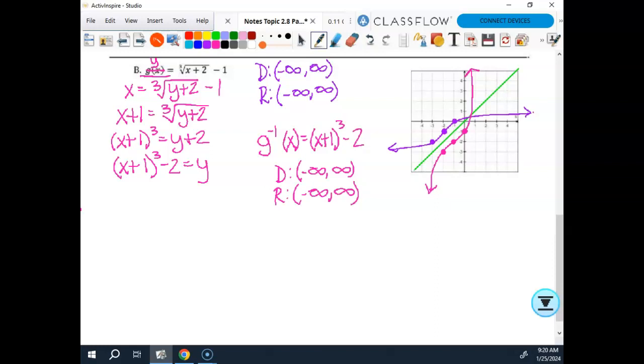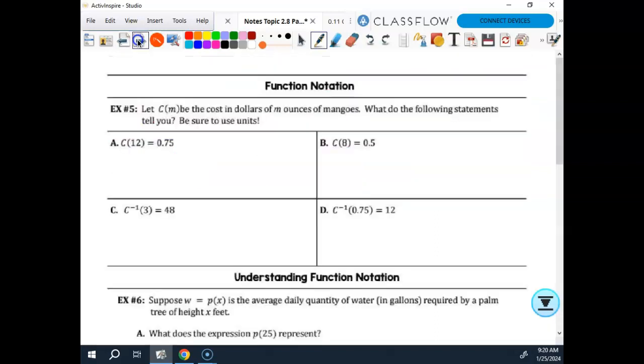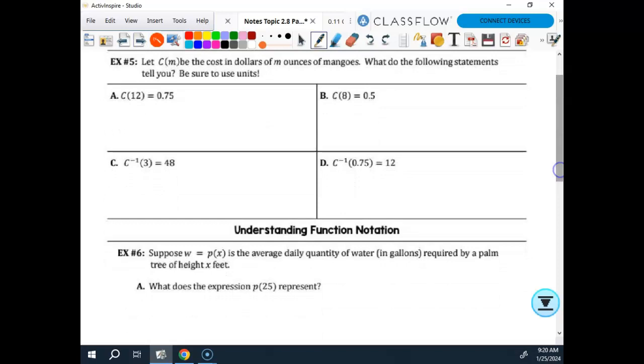Okay, good. Okie dokie. So let's flip it over. So now we're going to talk about understanding, again, the concept of what the heck is going on and how all this stuff works together and how we can interpret when we have real live problems here. So if C of M is the cost in dollars of M ounces of mangoes, what do the following tell you?